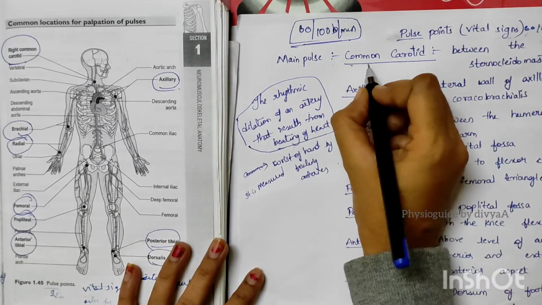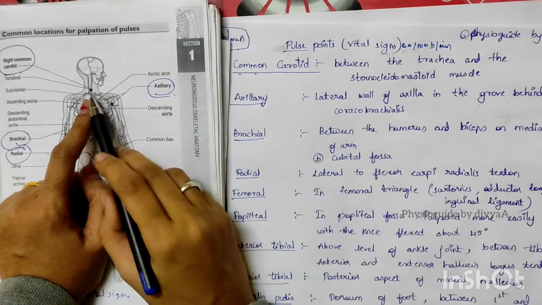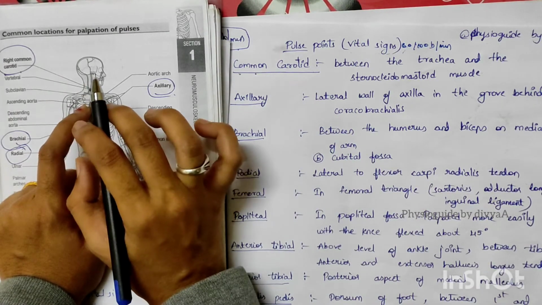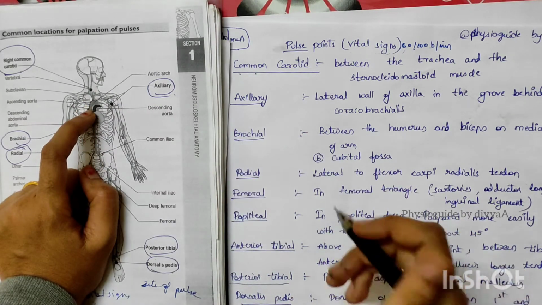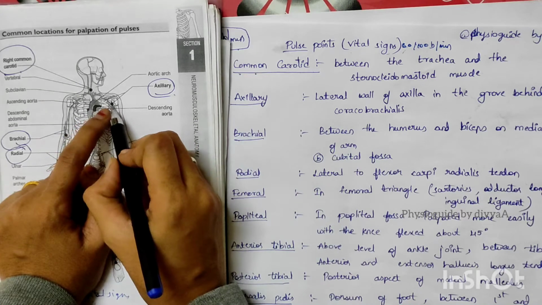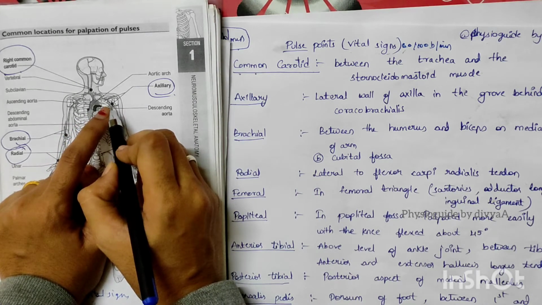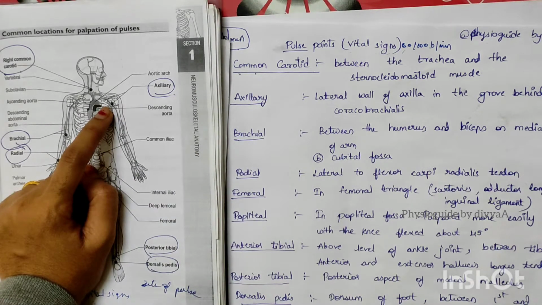Okay. First one, common carotid. Common carotid, which is between the trachea and the sternocleidomastoid muscle. Feel it by yourself. Next one, axillary. Axillary, it is the lateral wall of the axilla in the groove behind coracobrachialis.